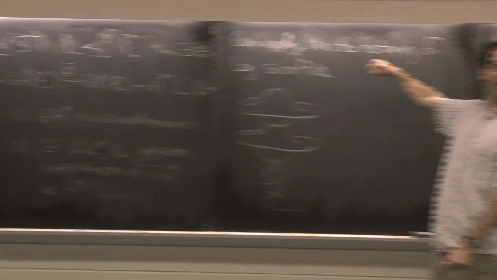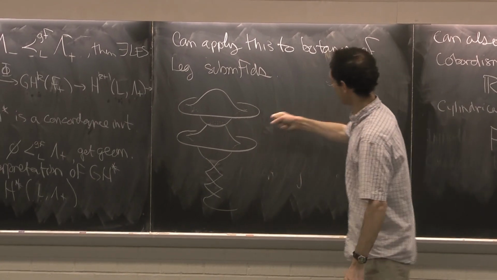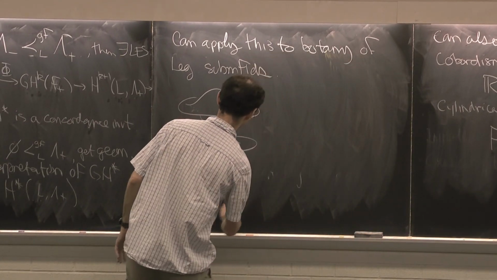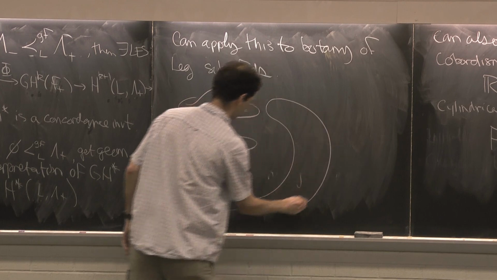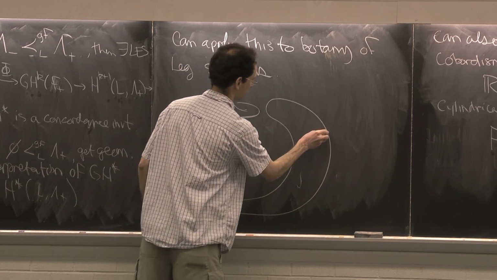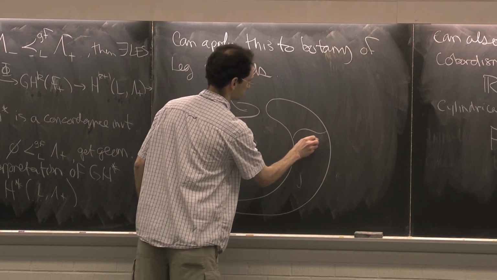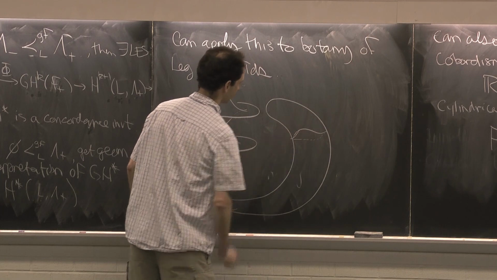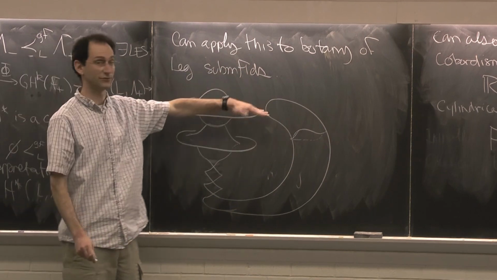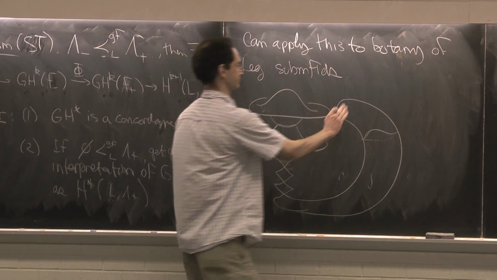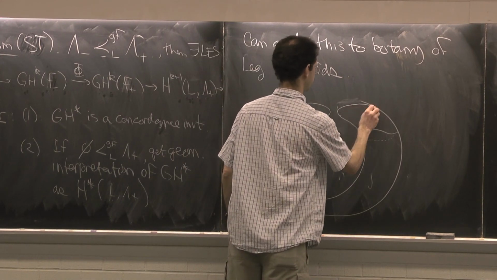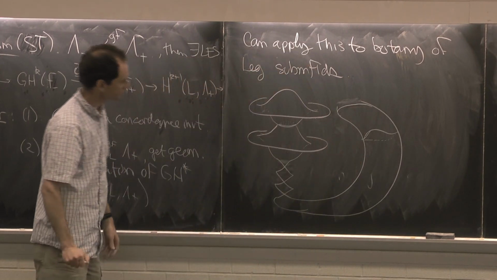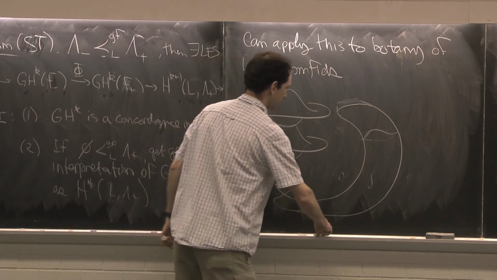I have an extra dimension to play with, so I can do this. Pull it around and put it up next to here. Okay, where the cross sections here are all unknotted, and that's supposed to be nice and flat here. There, much better.